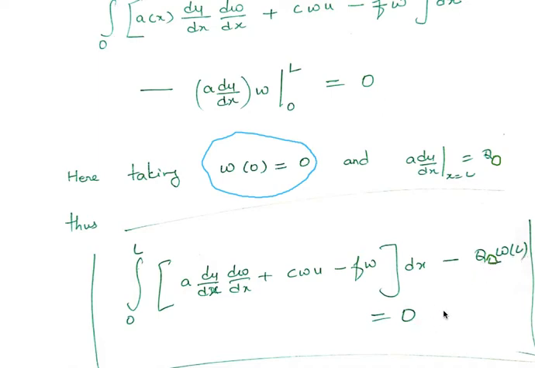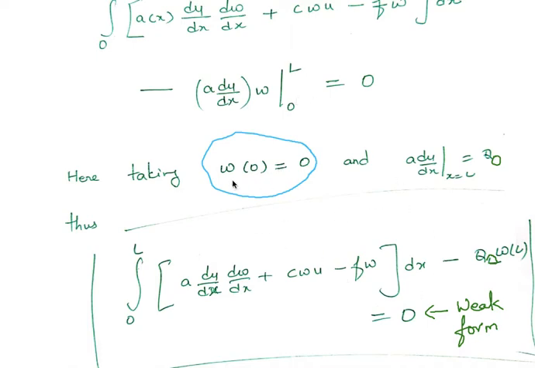This thing must be equal to 0. Now this statement is called the weak form statement. So in the weak form statement, we are actually incorporating the boundary conditions, okay.